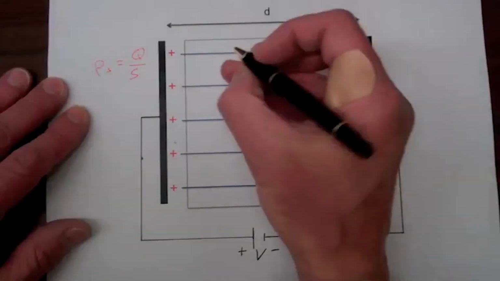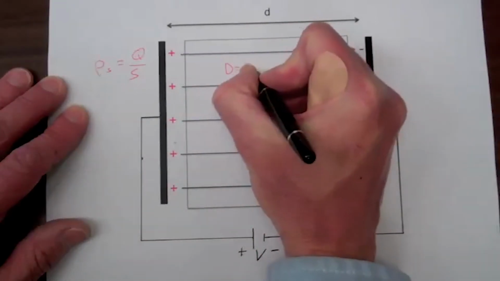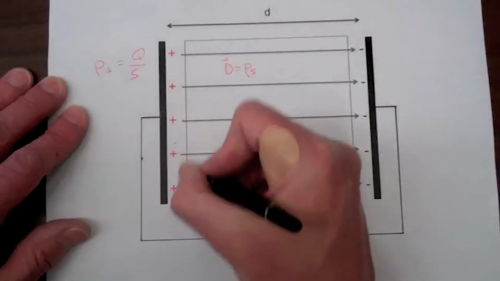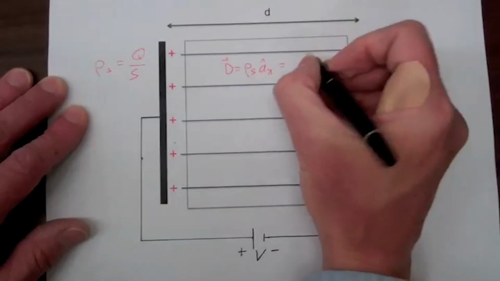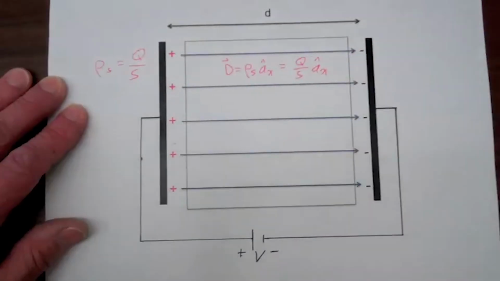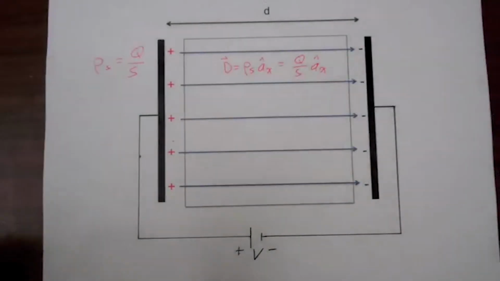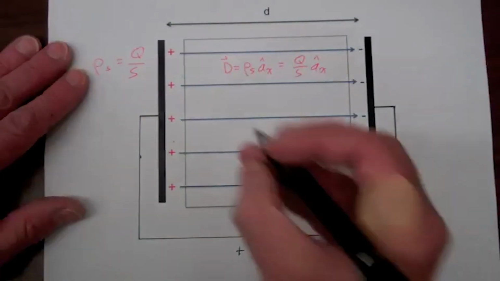We know that the electric flux density field is just equal to the charge density on the positive plate, and its direction is in the x direction, or Q over S in the x direction for the electric flux density field. Now, the electric field is just the electric flux density field divided by the permittivity of our dielectric.